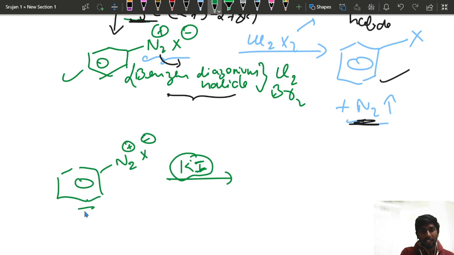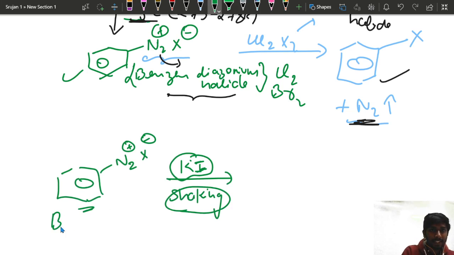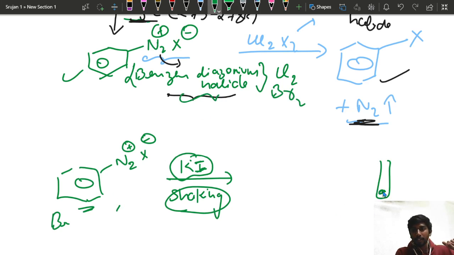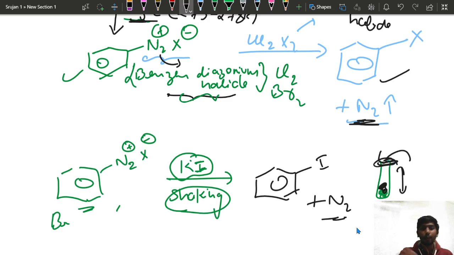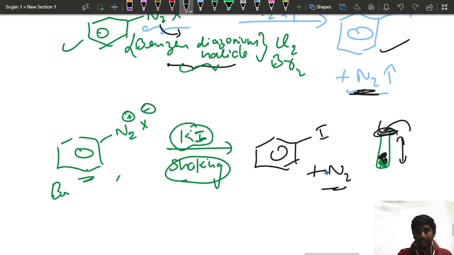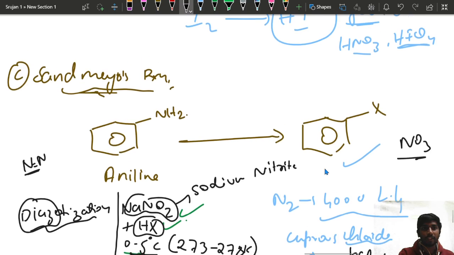So what I do is, I take the solid benzene diazonium halide in a test tube, add potassium iodide on top, close it with your thumb and shake it well. Finally you get iodobenzene, and N2 is the gas liberated when you remove your thumb. This is how you can prepare benzene halides with the help of the Sandmeyer reaction.